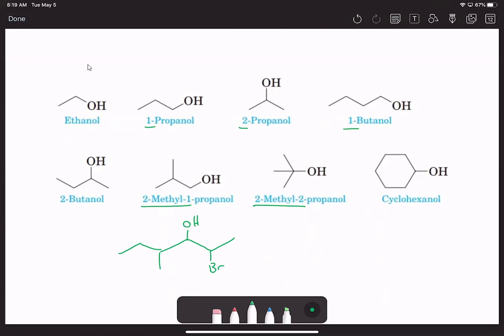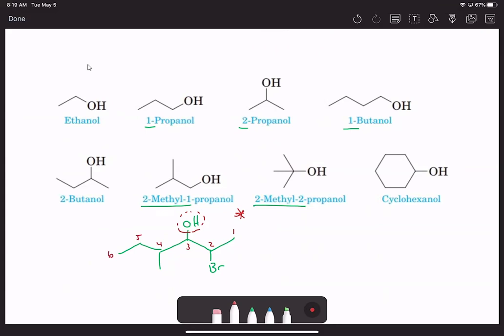And I think that would be, yeah, let's name this now. As far as numbering, the functional group here is closer to this side. So that's going to be my carbon number 1 here. So carbon number 1, 2, 3, 4, 5, 6.